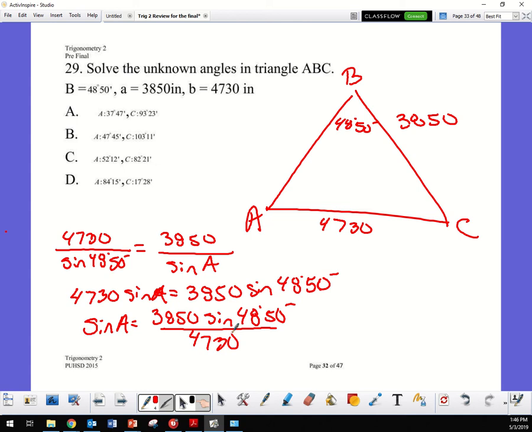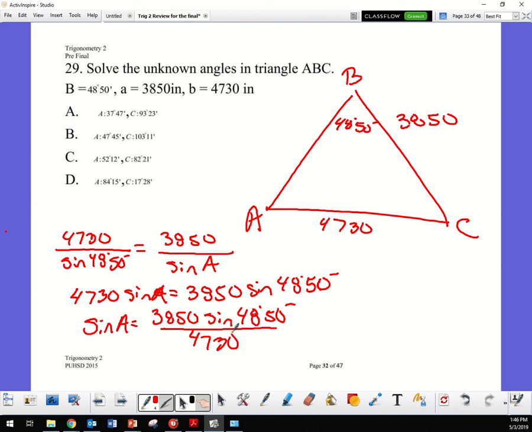Now, class, how do I find an angle? To get an angle, I do the inverse. Very good. So to get the angle, I have to do an inverse sine.